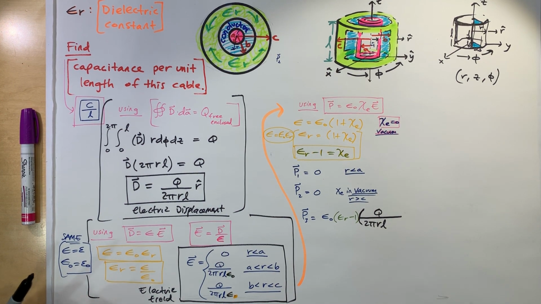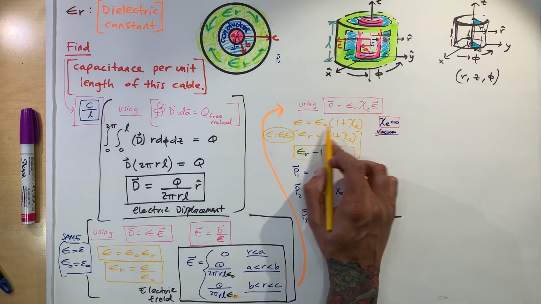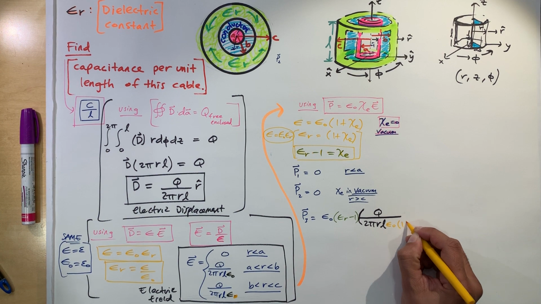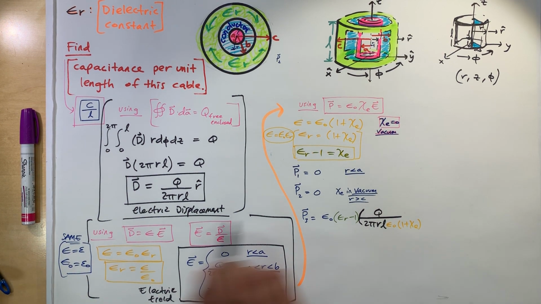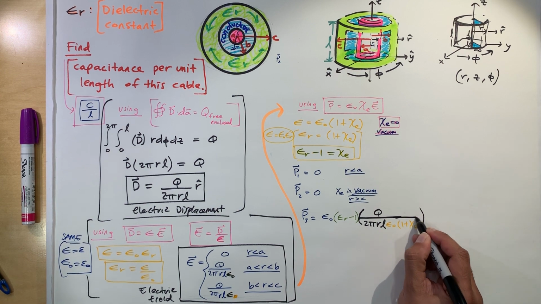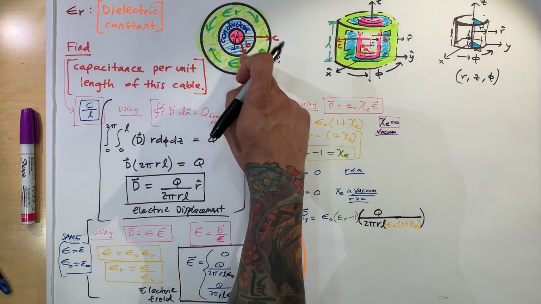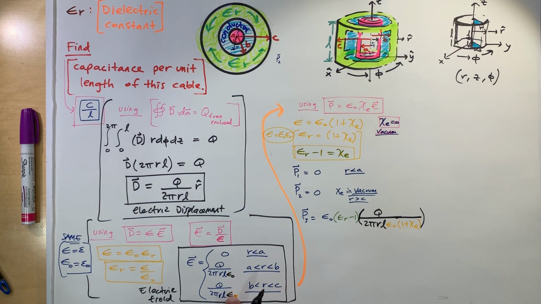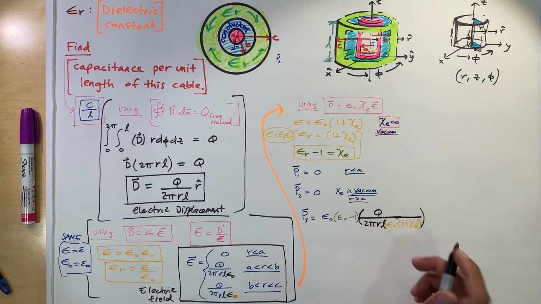So instead of just epsilon, I'm going to write epsilon naught times 1 plus chi E. You see why I left it general over here, because now that I'm within one of these regions, this needs to be explained in detail with this representation.